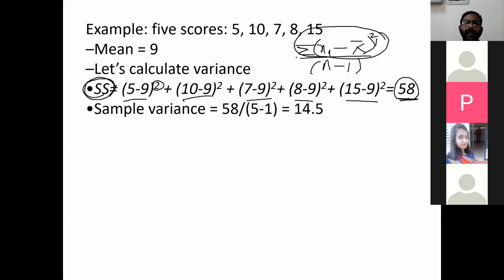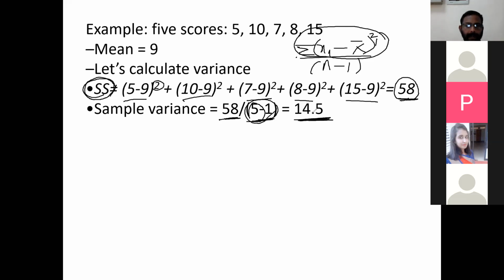In our example, the total number of observations is 5, so 5 minus 1, which is 4. So the sums of square, which is 58, divided by 4, the degrees of freedom, gives 14.5. That is the variance that we have.